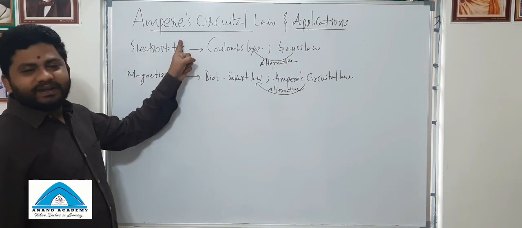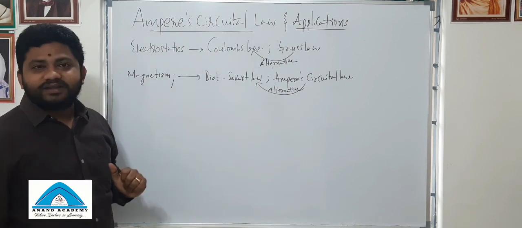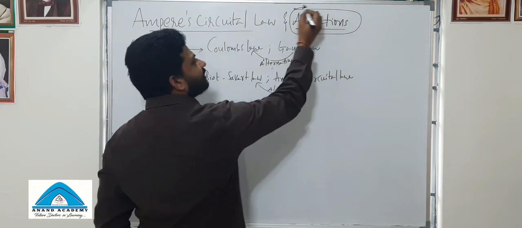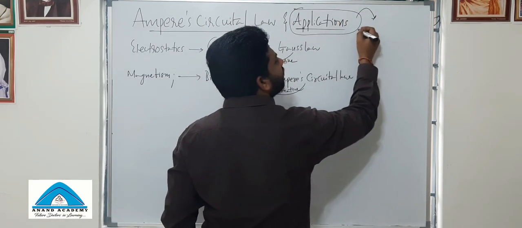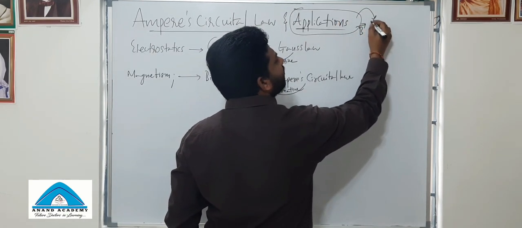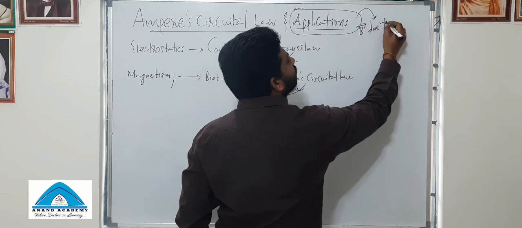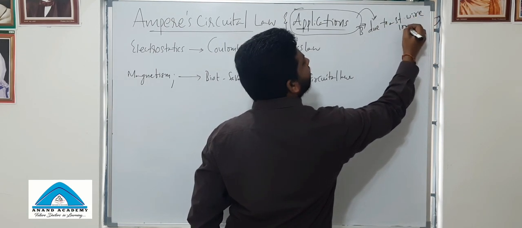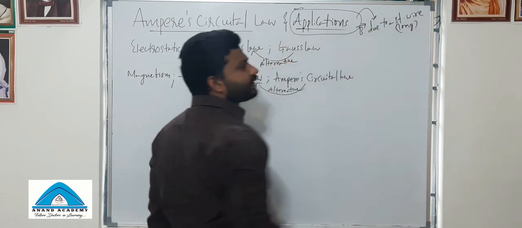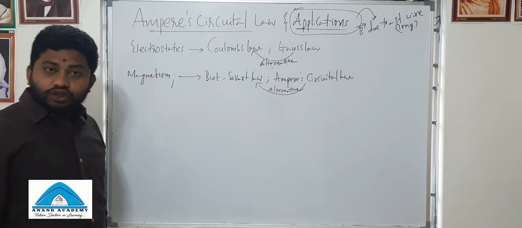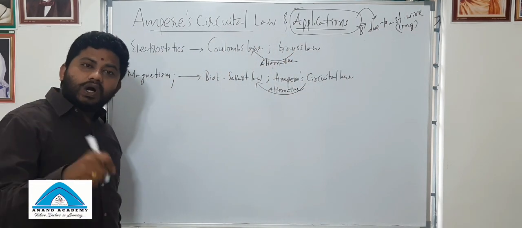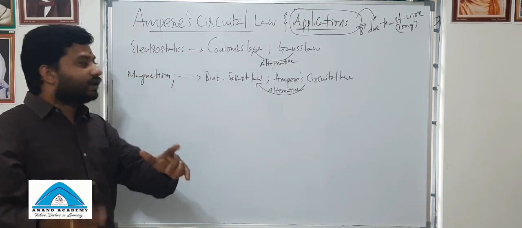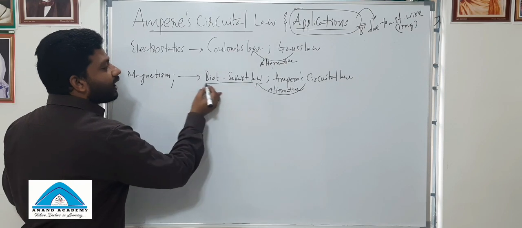By using this Ampere's Circuital law, there are so many applications I've mentioned here. So let's see. The first application is the magnetic field due to a long straight current carrying wire. The magnetic field due to a long straight current carrying wire we had already found by using the Biot-Savart law.